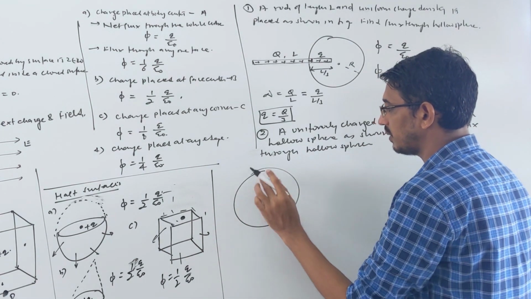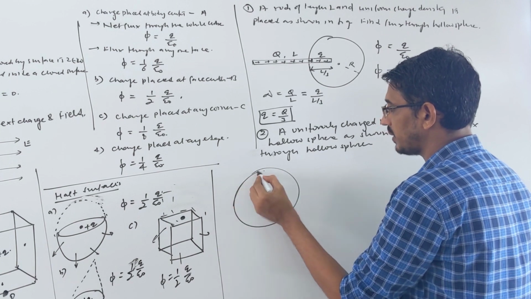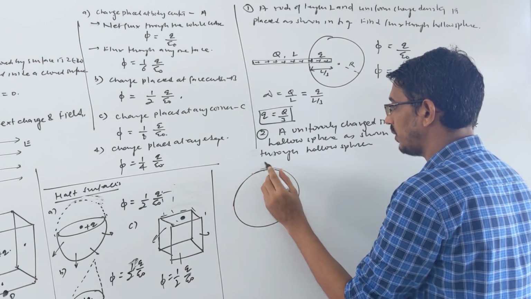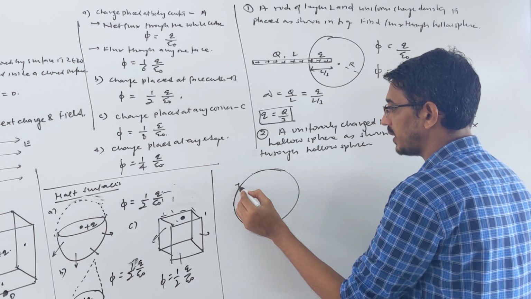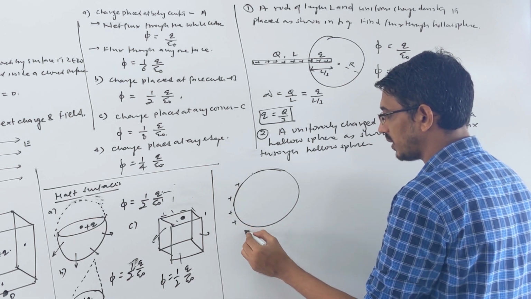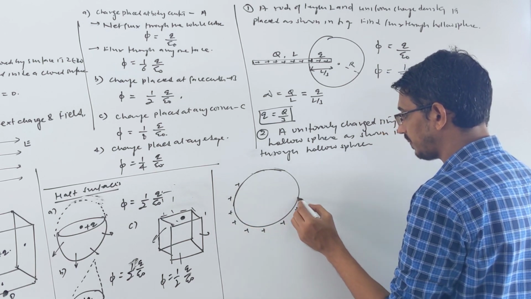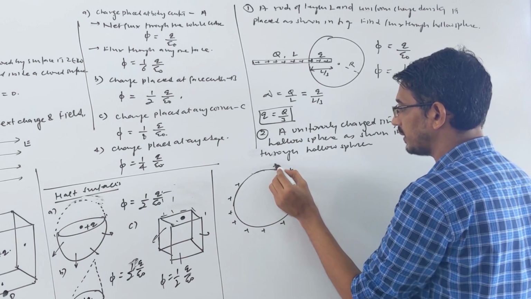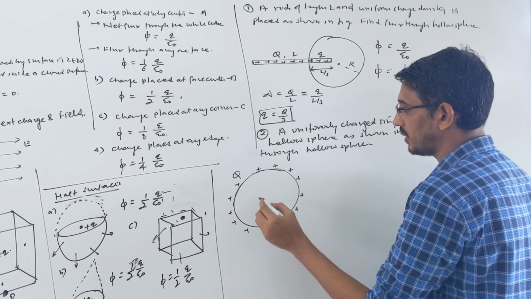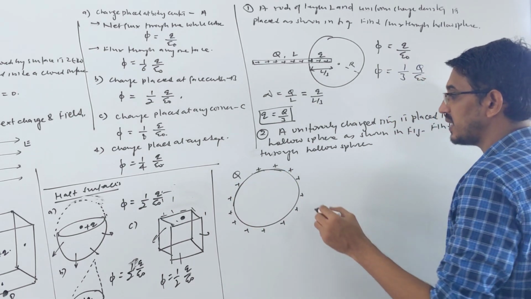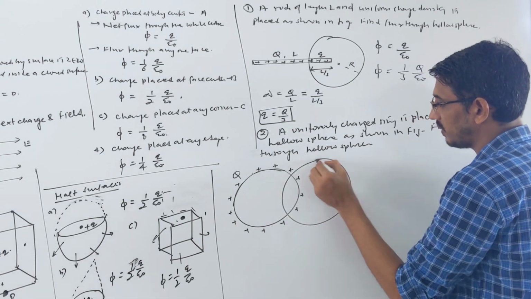Look here, they had a ring. This is a ring of some radius, and this ring was uniformly charged. Means it has some charge, say Q charge, and this was placed inside a hollow sphere like that.